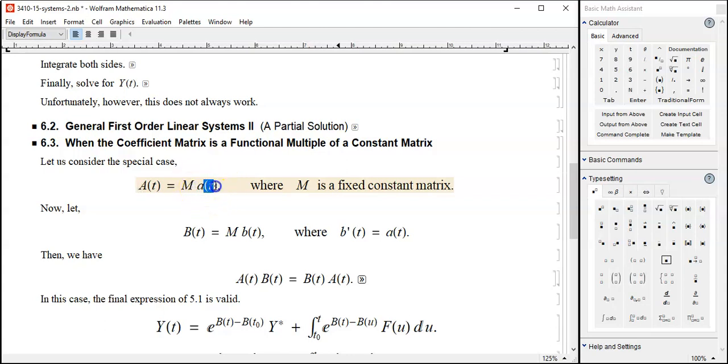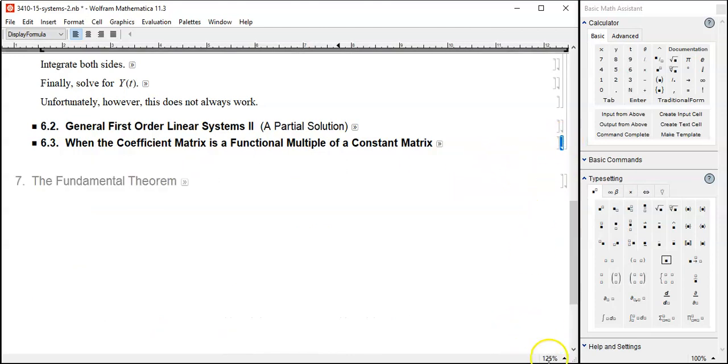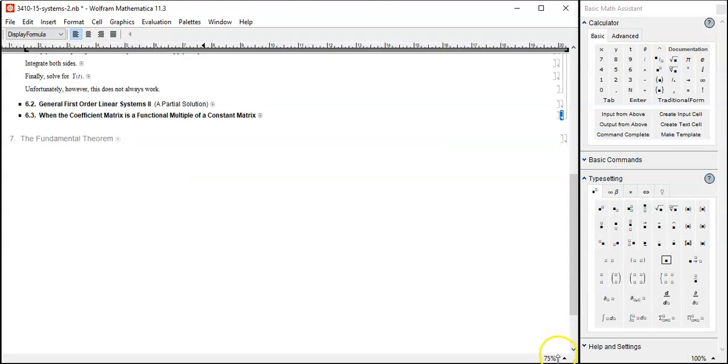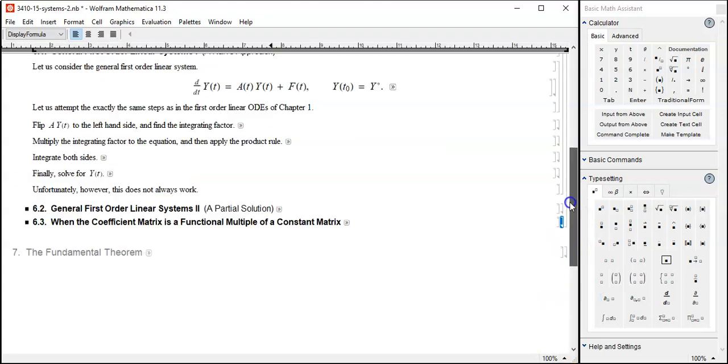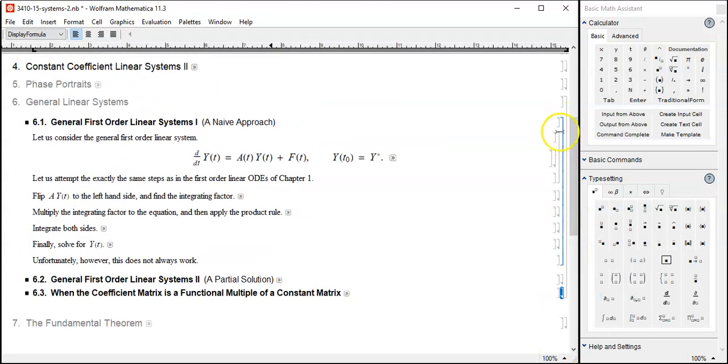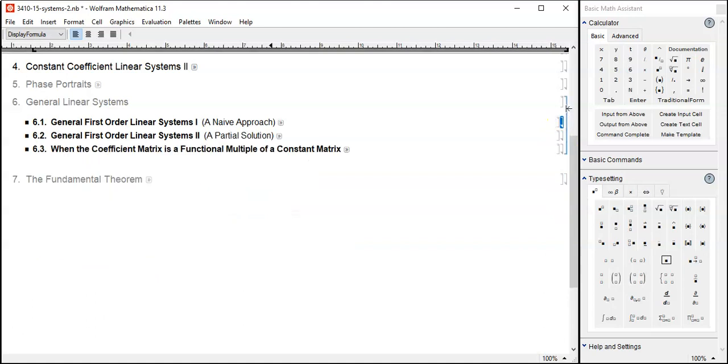Of course, if this is just 1, and then we have just a constant matrix, well, that's what we did earlier. As for the new case, theoretically it works, but I didn't assign any exercise problem about this in any homework set, and I'm not about to start that. Okay, that's where I'm going to stop.